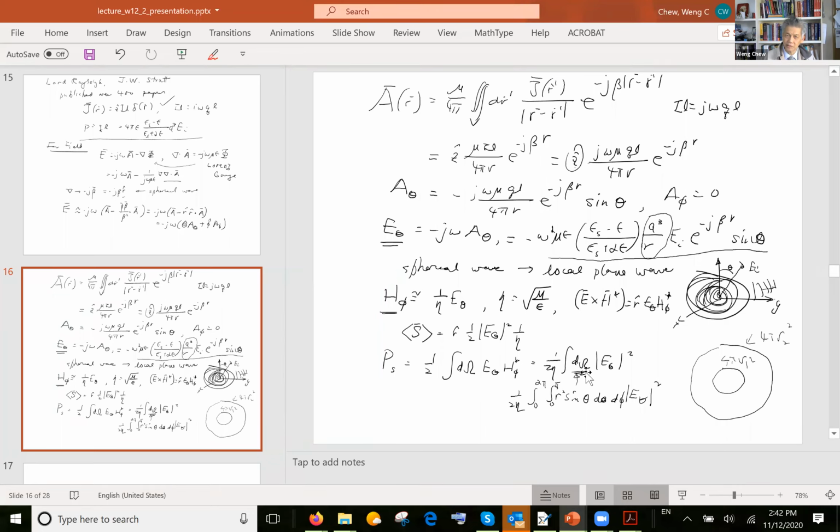This r squared is due to the d omega, the increase in the size of the sphere as you do this spherical integration. And finally, this would be a constant. R squared and this r squared cancel each other, it becomes a constant. And hence this scattered power asymptotes to a constant eventually.